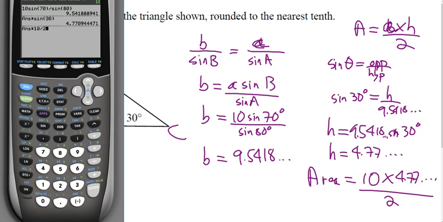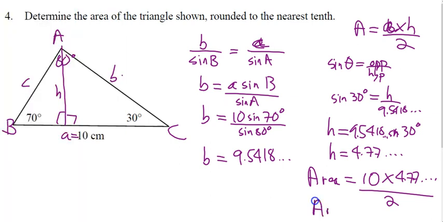I could have just gone times 5, but whatever. 23.85. Rounded to the nearest tenth, 23.9. What units? Centimeters squared. So area is equal to 23.9 cm squared.